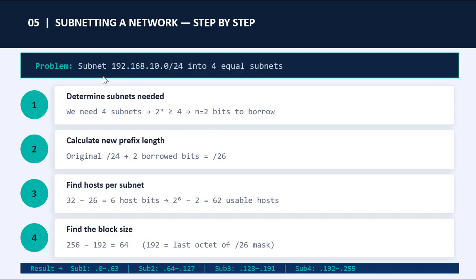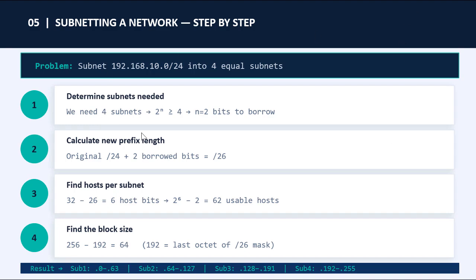That's what the requirement of this question was. Now you see .0 to .63 is subnet 1, .64 to .127 is subnet 2, .128 to .191 is subnet 3, and .192 to .255 is subnet 4.